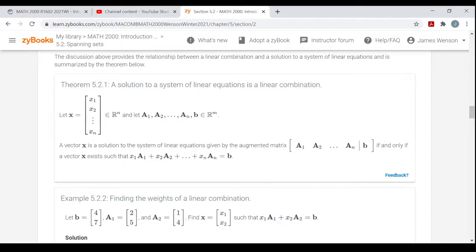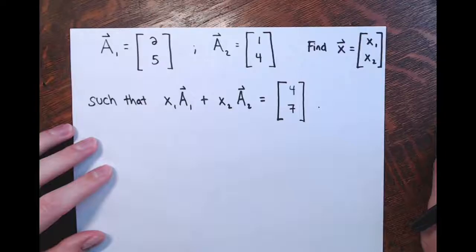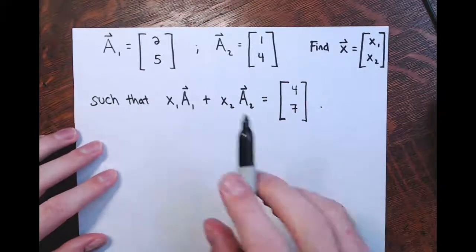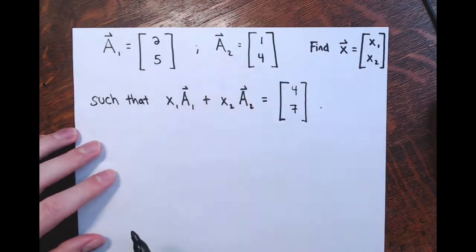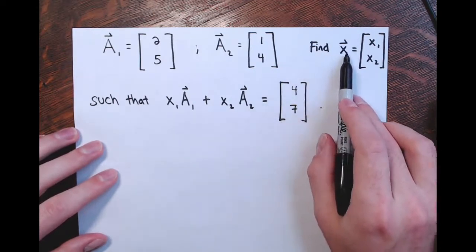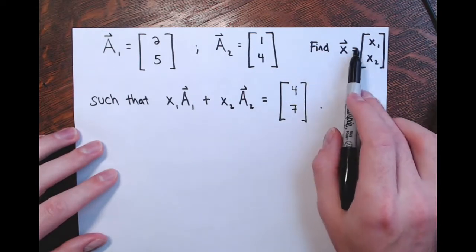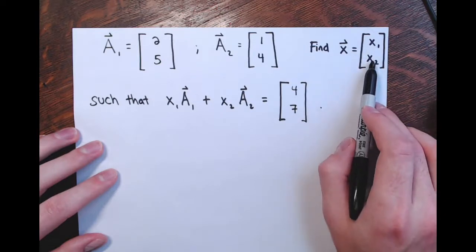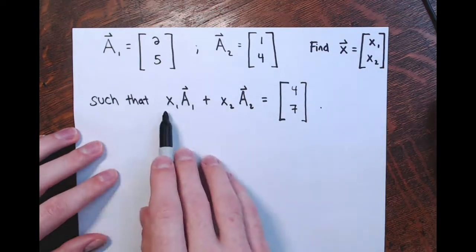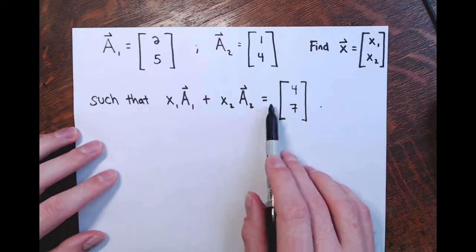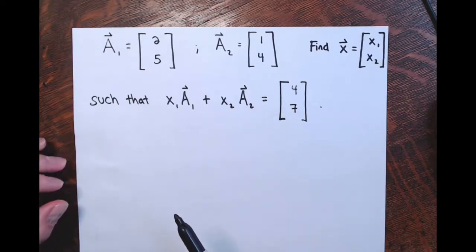So again, I'll write this out. And here's the vector a1, a2 from that example. They're asking me to find a vector of constants, what are the values of x1 and x2 such that x1a1 plus x2a2 equals the vector 4, 7.